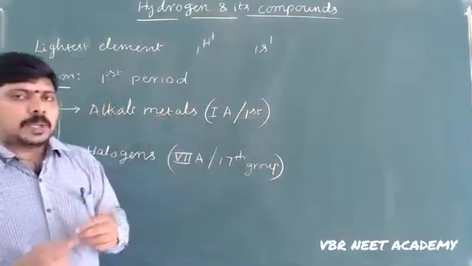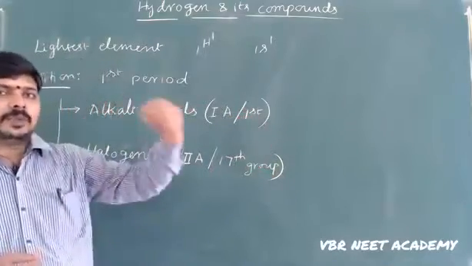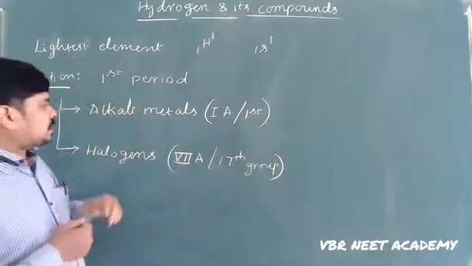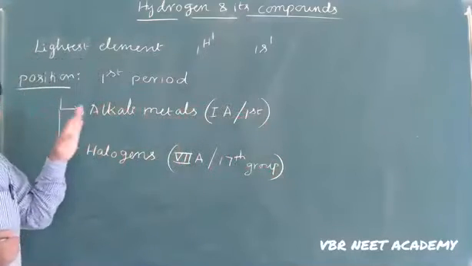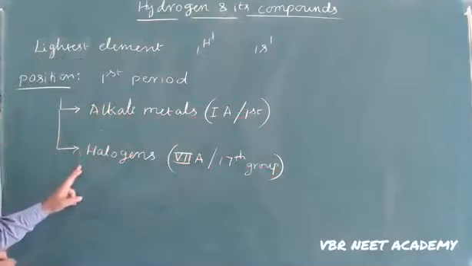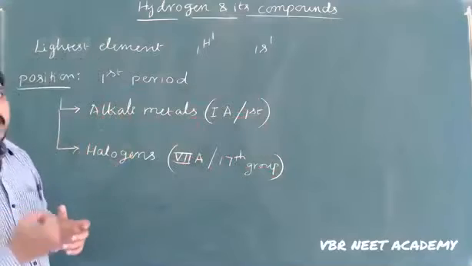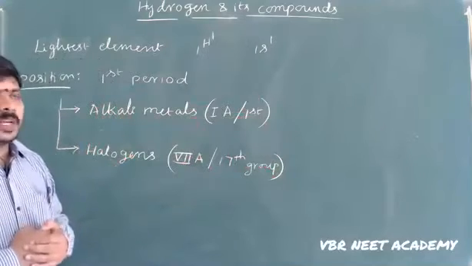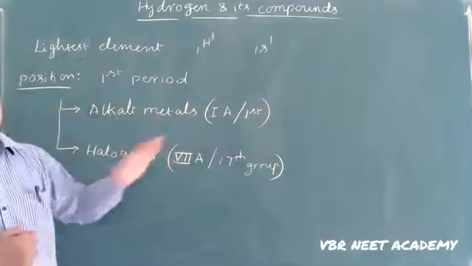If I want to place the hydrogen, I have to check the similarities of hydrogen. First, if I look, it can show similarities with alkali metals and also it is showing similarities with halogens. So now where do I have to place it? That's the problem. First we will see what similarities we are having with alkali metals.